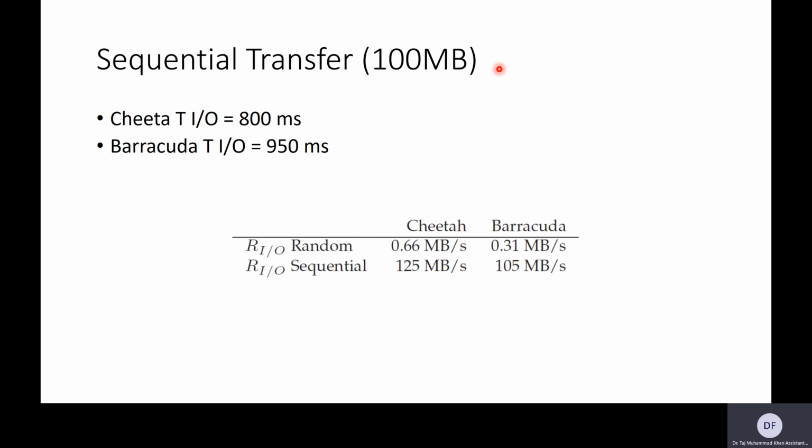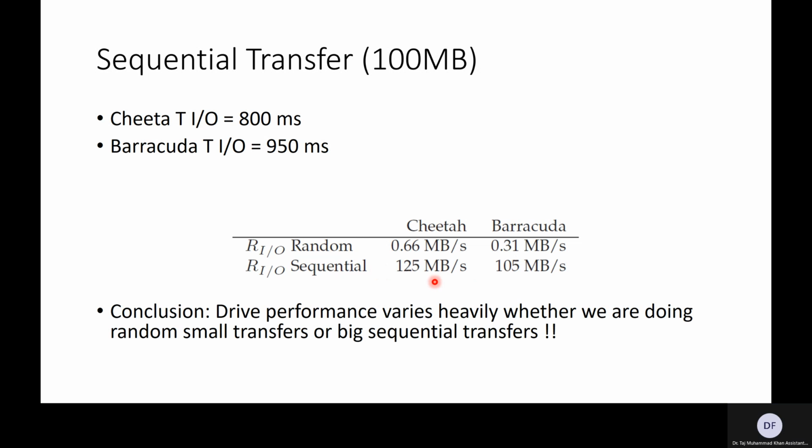We see that on workloads with very small transfers, the hard disk performance is very, very low and far from the maximum transfer rate given on the back of the hard disk. So performance depends heavily on the type of workload or which kind of transfer we are doing.